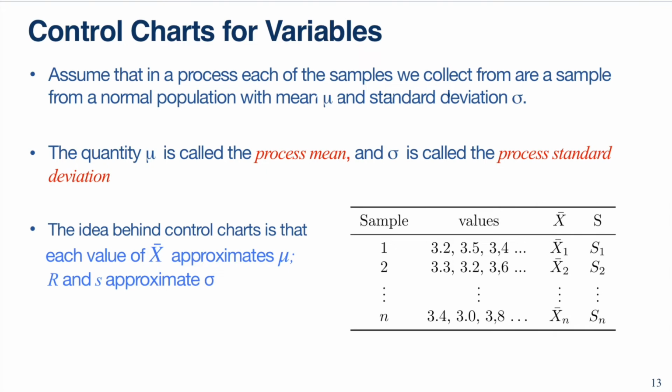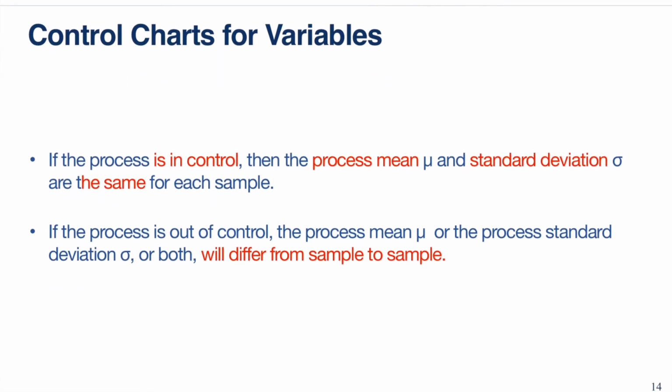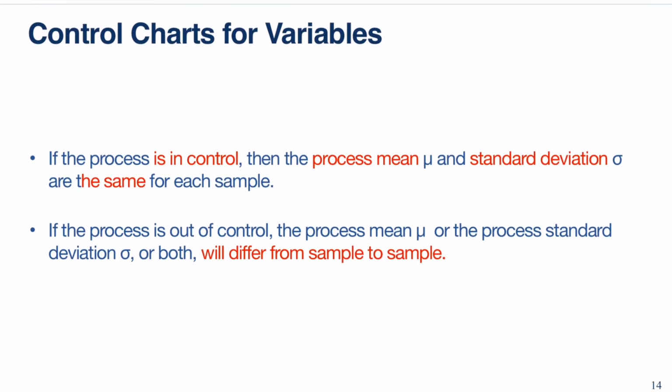So R is the range, we're going to go into detail with that one, and S is the standard deviation, and this standard deviation approximates the standard deviation of the process. If the process is in control, the process mean mu and the standard deviation sigma are the same for each sample.